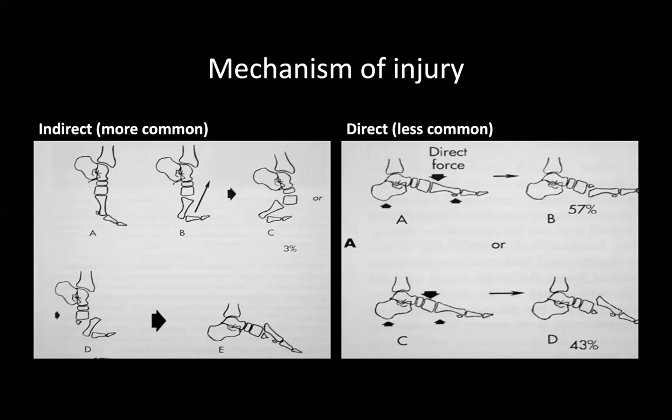The direct mechanism is literally just a crush injury to the foot. Somebody drops something heavy on their foot, which is less common, but also something that we can see, and tends to result in higher energy, more dramatic injuries.